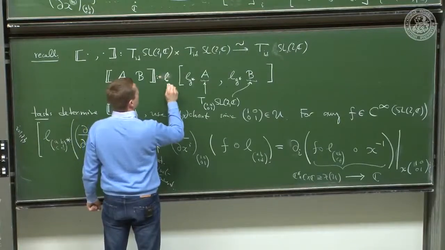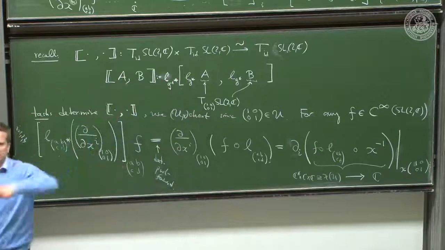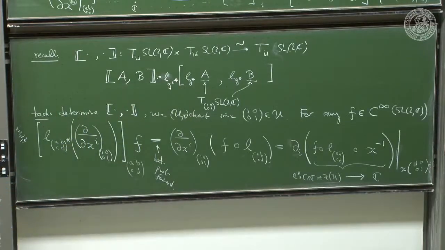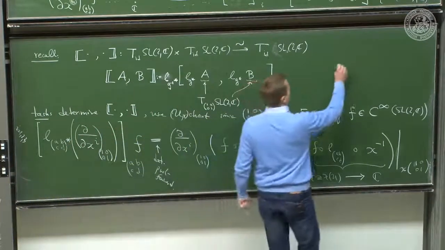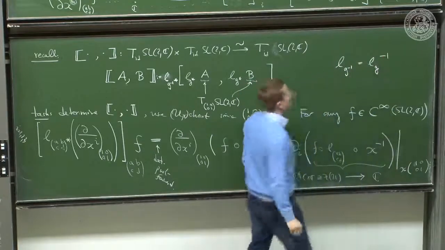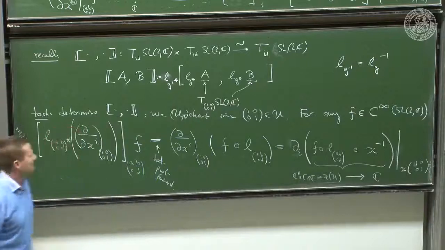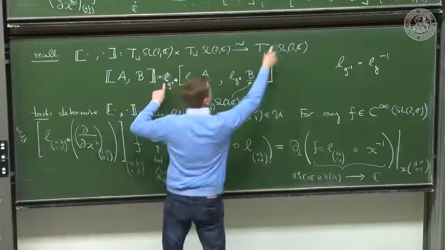That's just L_{G inverse} push forward. I push it in the opposite direction again, and of course the left translation has an inverse. That's obvious. You can check that. L_{G inverse} is the inverse of the left translation. Very quickly seen.